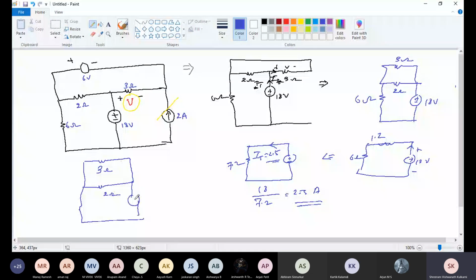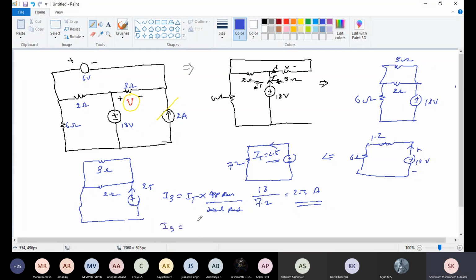This is 2.5 ohm. Now the current division rule: I3 is equal to total current times the opposite resistance divided by the total resistance, or the opposite impedance divided by the total impedance of the circuit.